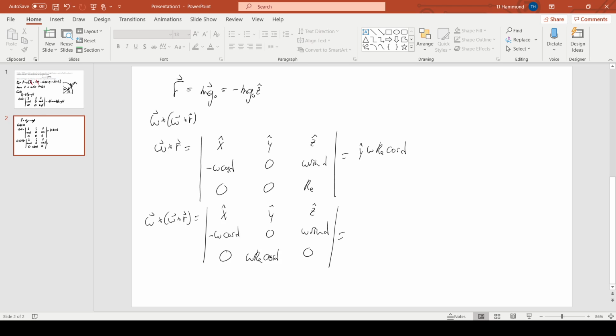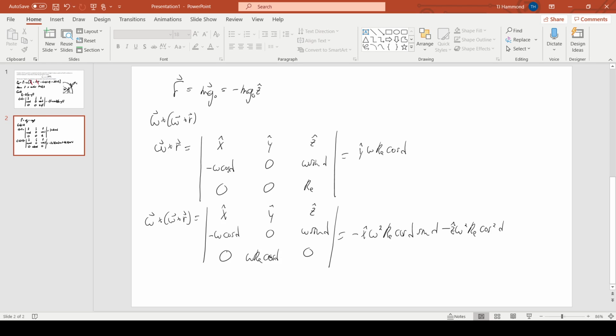And so what we get is negative x hat omega squared times the radius of the Earth times cos lambda sine lambda minus omega squared times the radius of the Earth, cos squared lambda, and this one is in the z hat direction.